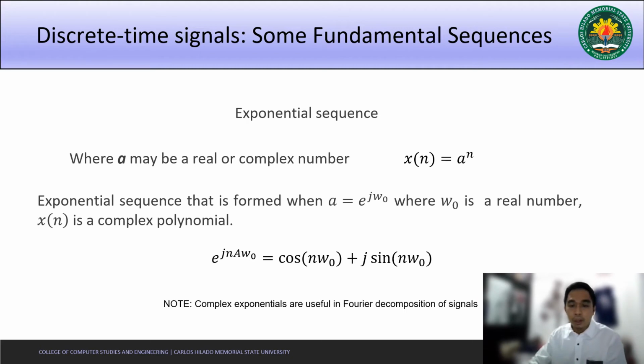In this way, we could generate another equation: e to the j w sub 0 n equals cosine n w sub 0 plus j sine n w sub 0. So this is an example of an exponential sequence that can be used in a Fourier decomposition of a signal.